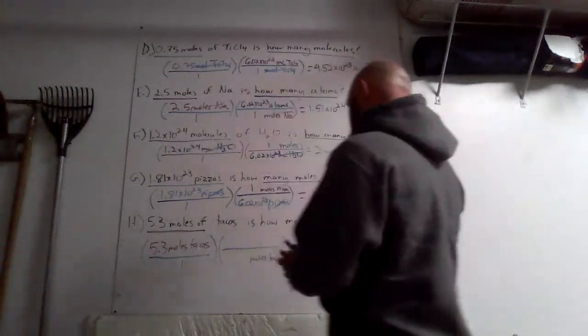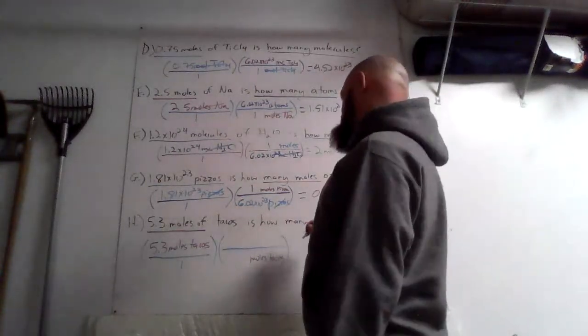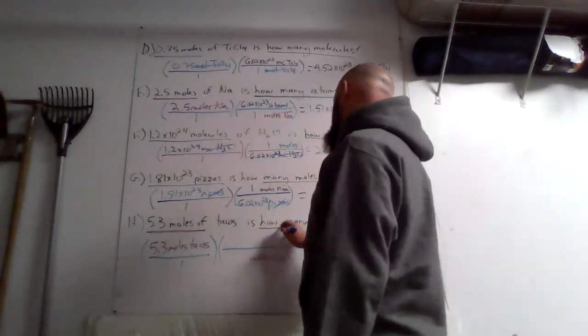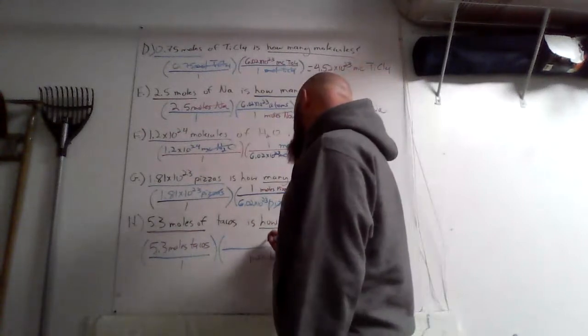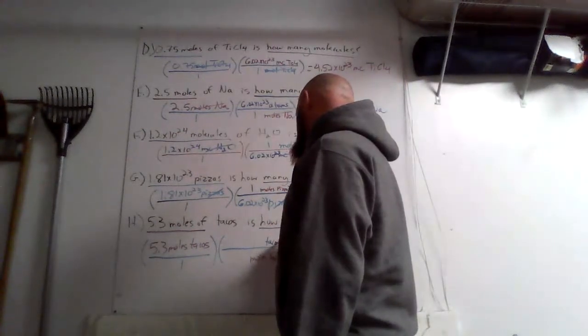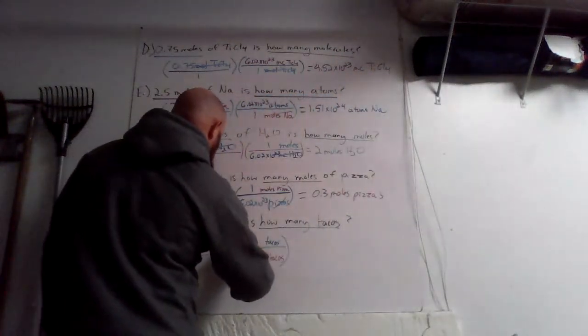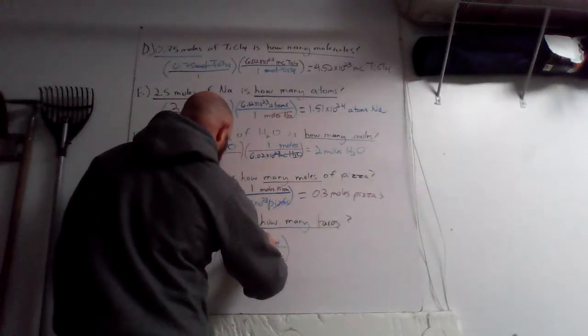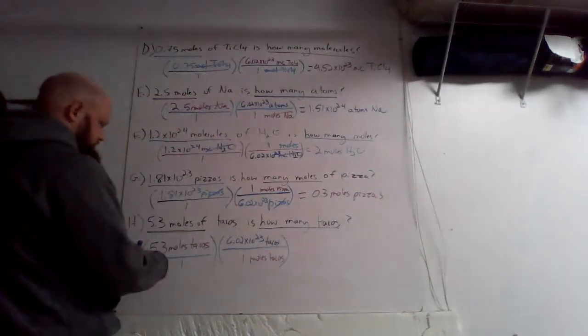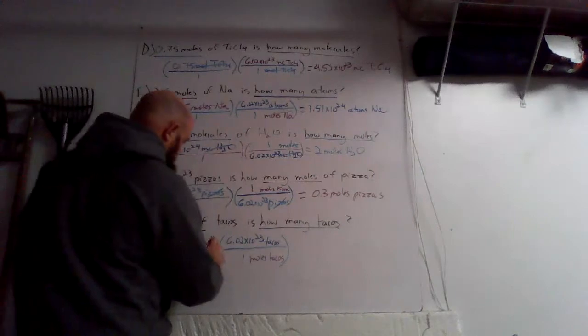It asks me how many tacos, so I can just write tacos. Remember, 1 mole of anything always equals 6.02 times 10 to the 23rd. Moles of tacos cancels out, so we're just going to multiply.